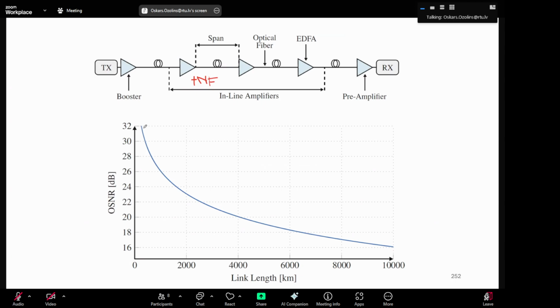So what happens with your optical signal to noise ratio? It usually starts to decrease, and quite significantly. If we talk about optical signal to noise ratio, and we have an optical spectrum, then here is your noise level.